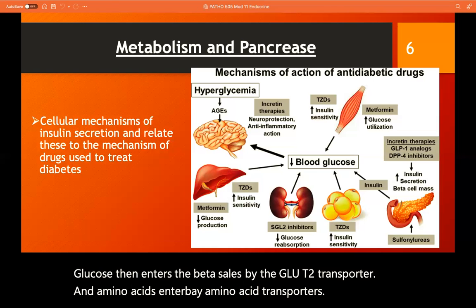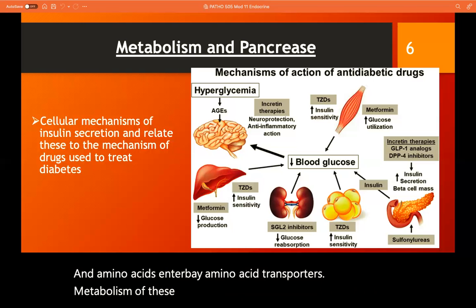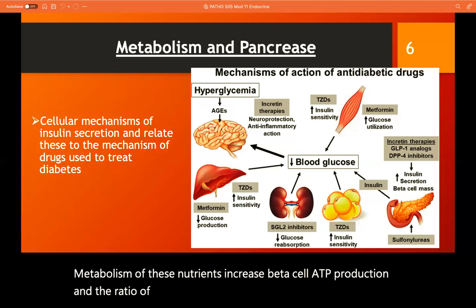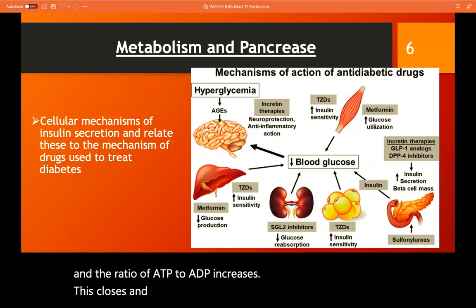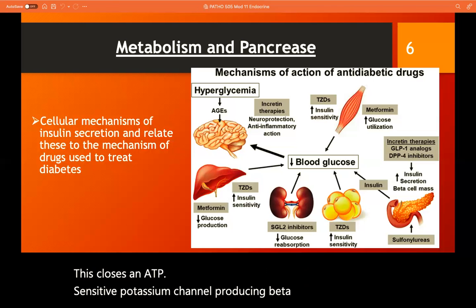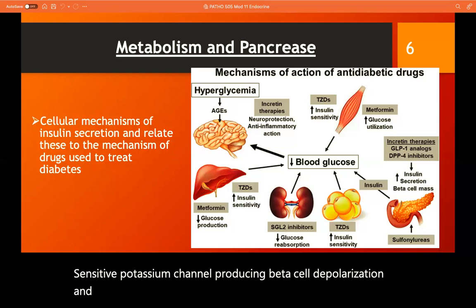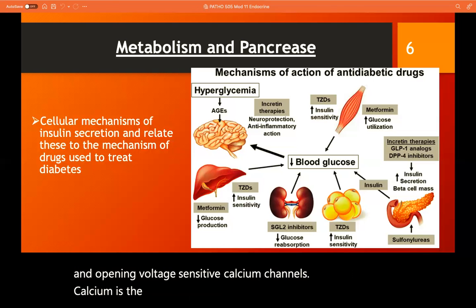Metabolism of these nutrients increases beta cell ATP production, and the ratio of ATP to ADP increases. This closes an ATP-sensitive potassium channel, producing beta cell depolarization and opening voltage-sensitive calcium channels. Calcium is the signal for regulated exocytosis of vesicles of insulin. Very important to remember that.